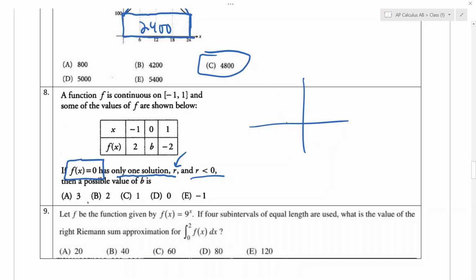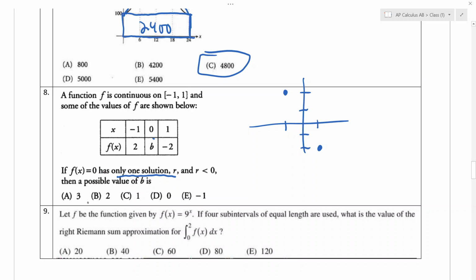So let's put the table into perspective here. -1, 2 is right here. We don't know what 0 is, but I know what 1 is. I'm at -2. So you can see this graph is going to go through the x-axis, right? Now, they're not asking me for the root. They're asking me for the y value at 0, which is weird. They're throwing different stuff at you here. So let's just take the answer choices and guess and check.